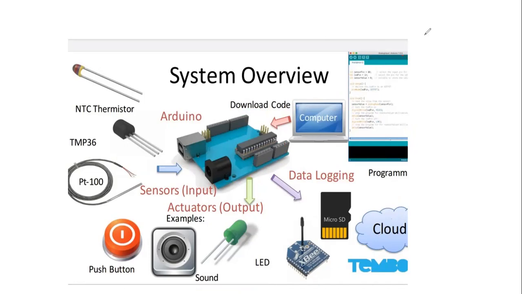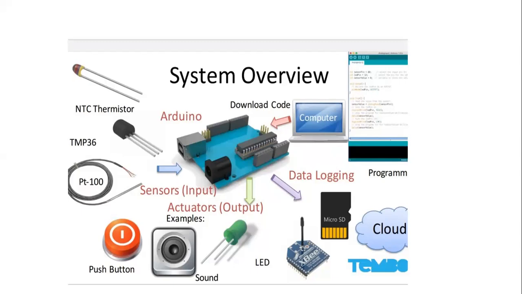Now next, here you have seen that Arduino is one of the main units of this whole IoT based system. You can take the example of any domain, any application area, whether it is agriculture, weather, or robotics, or any industrial IoT application.